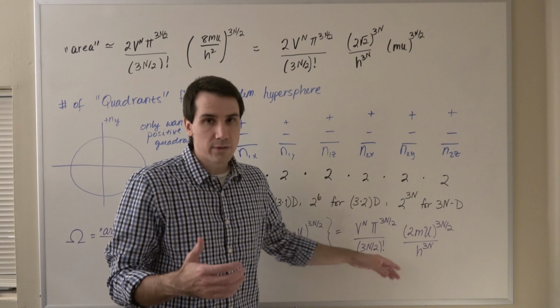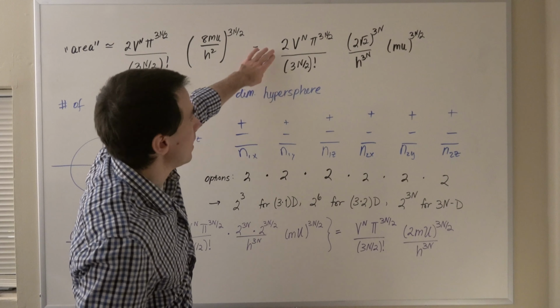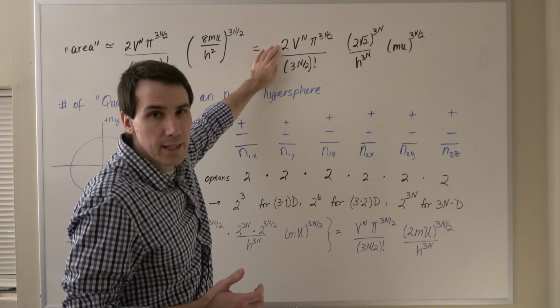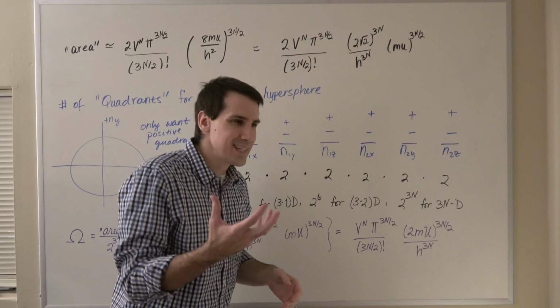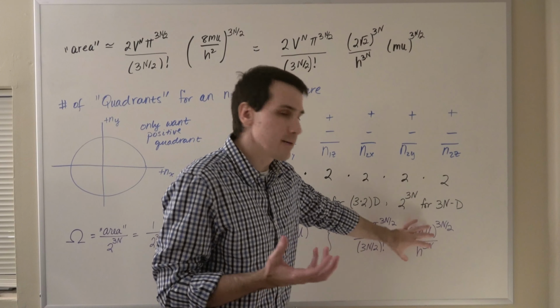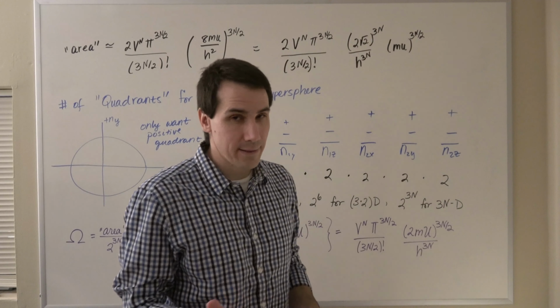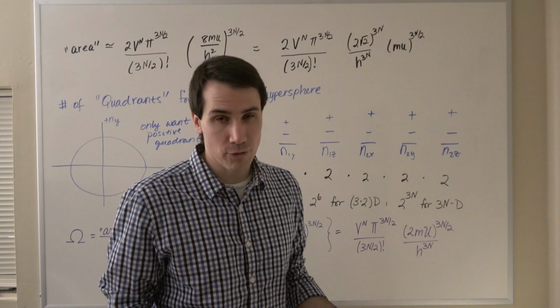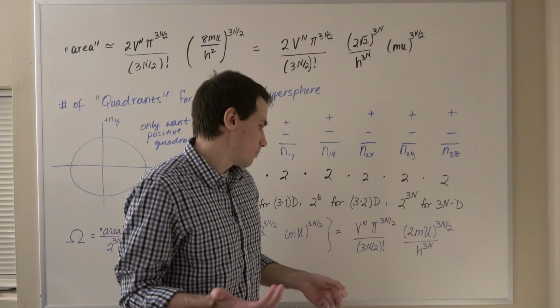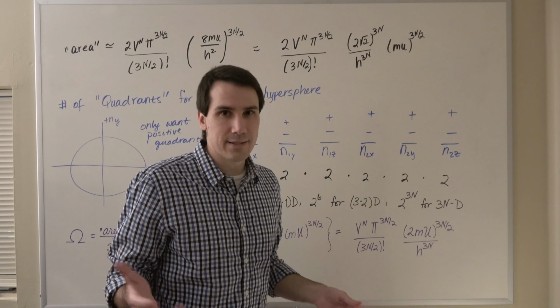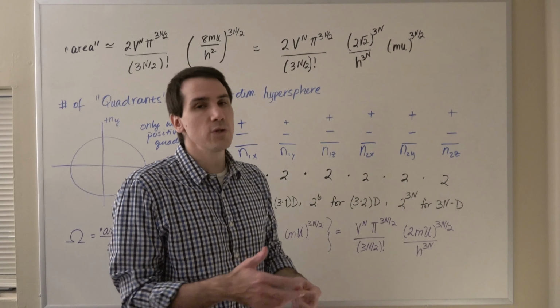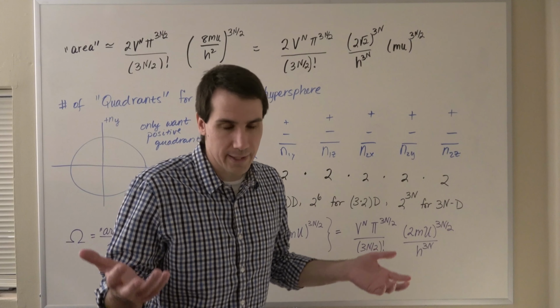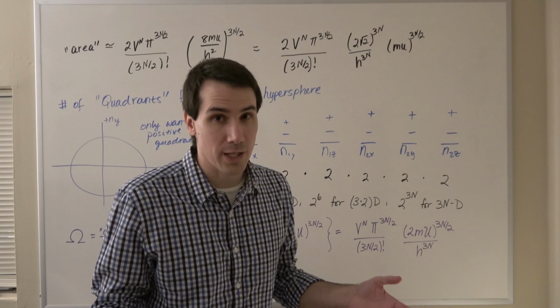And we've made one other simplification, which is we have dropped this 2 out front, because all of these numbers are raised to the 3N. So for example, pi raised to the 3N over 2, that's pi raised to, say, the 10 to the 23rd, which is an enormously large number, and multiplying that number by 2 is not really changing anything.